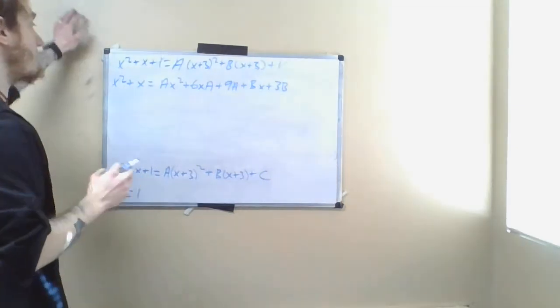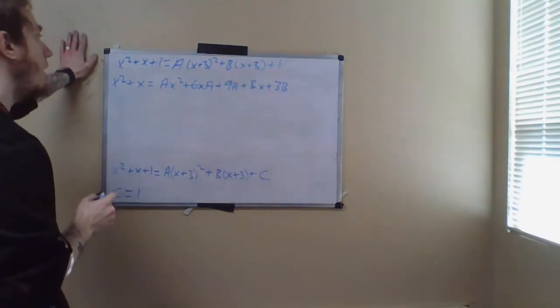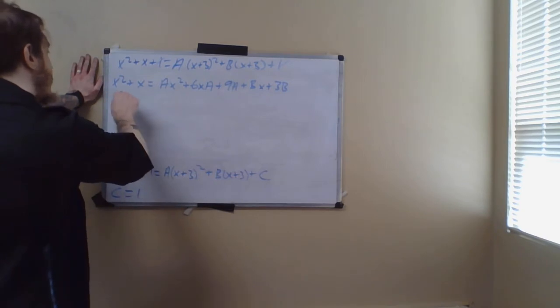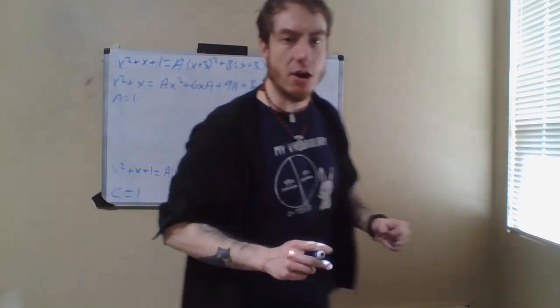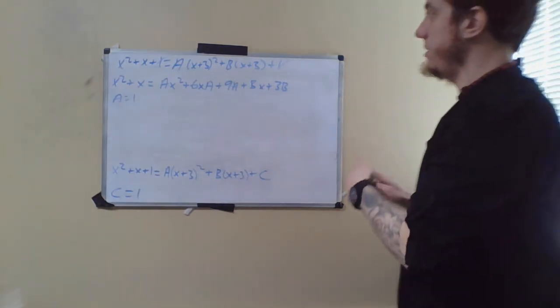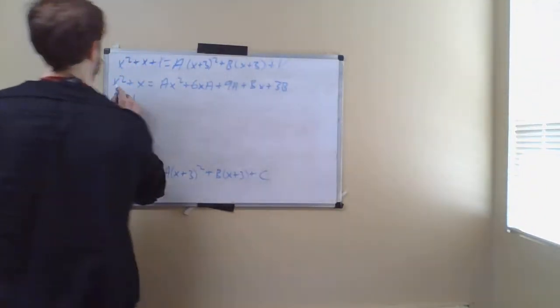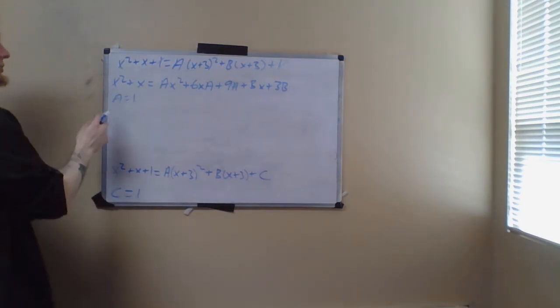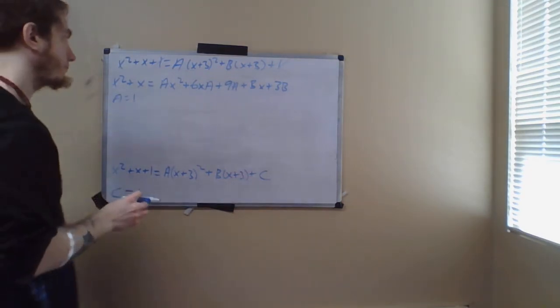And there's a few different things that we can say here. One of the things that I can say immediately is that A is going to have to be equal to 1 here. Why? Because the only coefficient of x squared is A, and on the left the coefficient is 1, so those must be equal to each other.